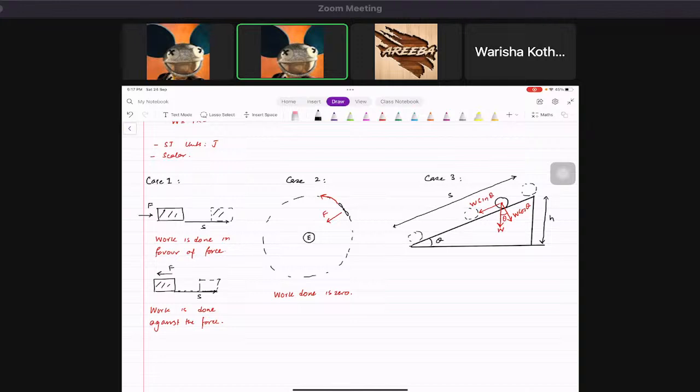So in this case, either you go with work equal to the weight times the height that is parallel to the weight, or it would give you the same answer if you take the weight's parallel component to the slope, or down the slope, times the displacement that is parallel to it. So both will give you the same answer. Is it clear, everybody?